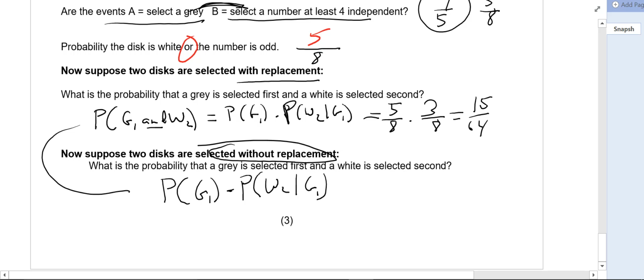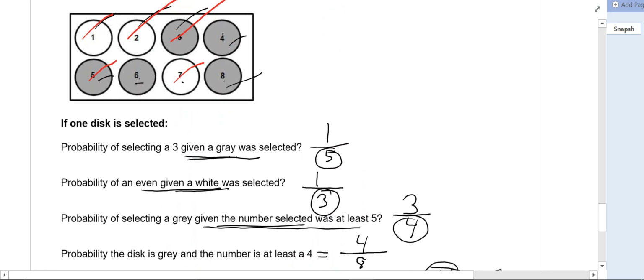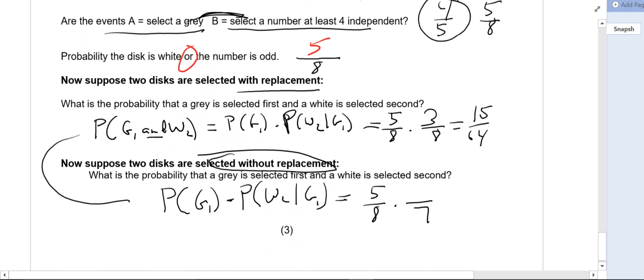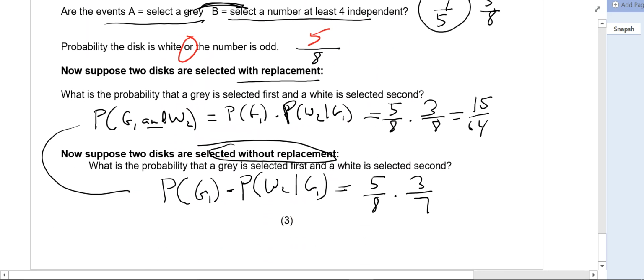Well, probability of a gray first, 5 out of 8. Now, we did not put the disc back. So we now have 7 discs because one of these gray discs is gone, right? But there are still 3 white discs. So 3 out of 7, 15 over 56.